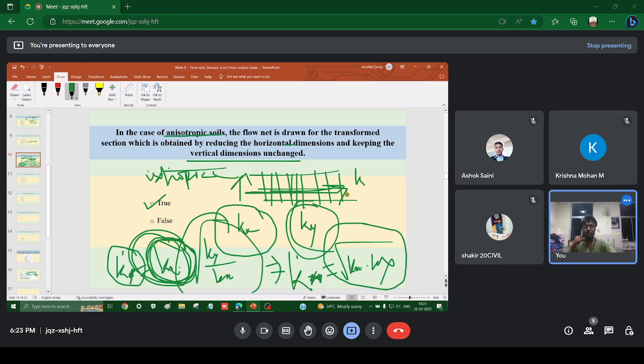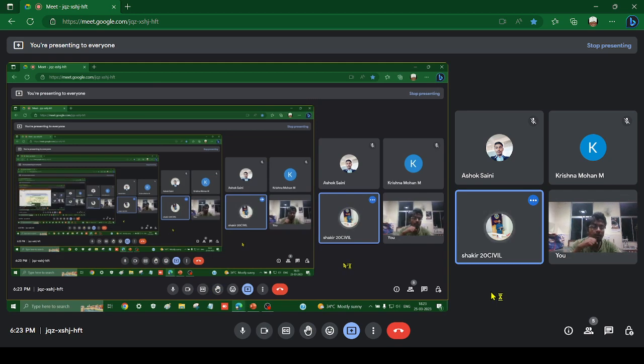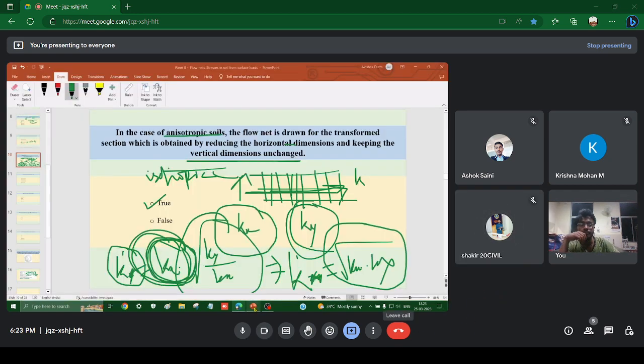Is it clear? Okay. So this is the value of equivalent k. We are getting this by transforming the value of permeability coefficient in the horizontal dimensions. So this is true.